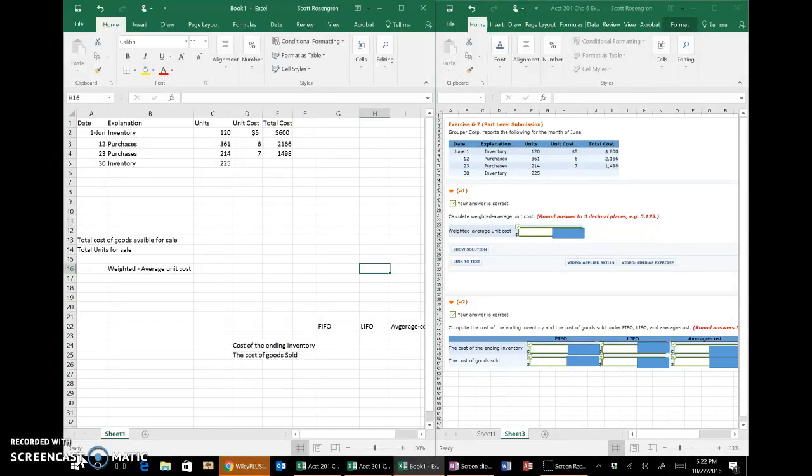When using the average cost method, we need to calculate the weighted average unit cost to find the cost of goods available for sale. And that's our first problem, to find the weighted average unit cost. We do this by taking the total cost of goods available for sale, which are these numbers right here.